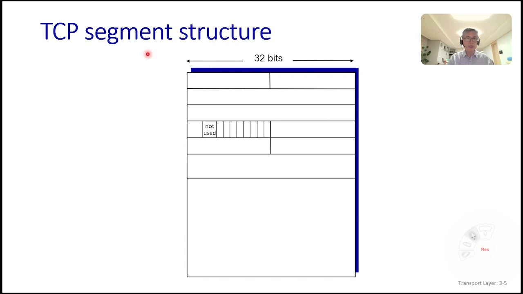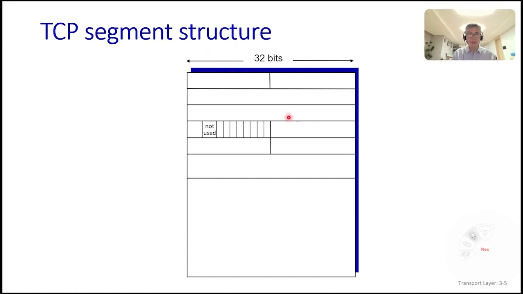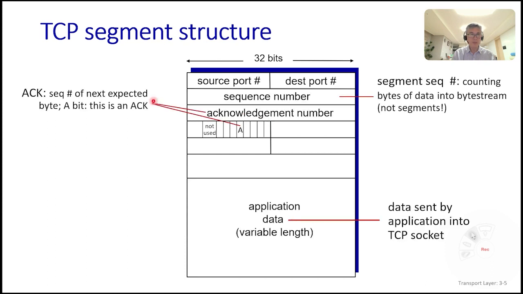This is the TCP segment structure, TCP header and the payload. There is a 16-bit source port number and destination port number, and a 32-bit sequence number indicating the start of the data stream, and the acknowledgement number, which indicates data received well.